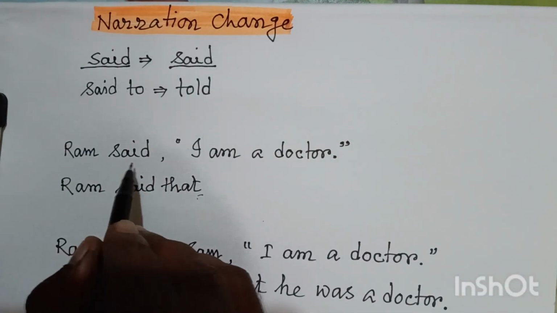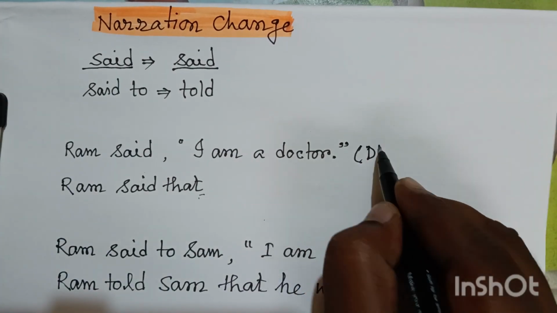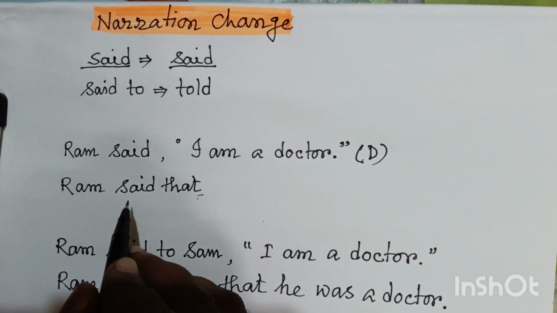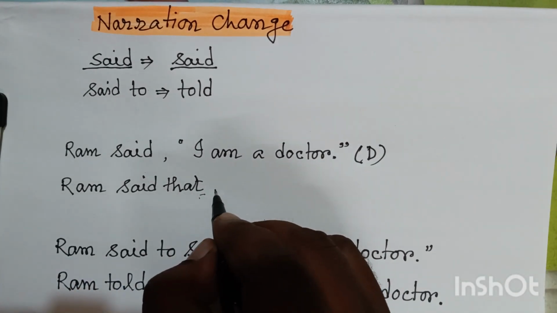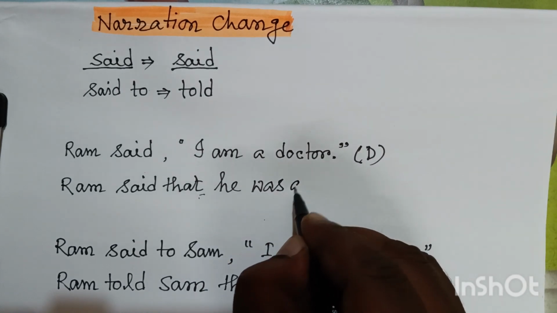Here you can see: Ram said, "I am a doctor." It is the direct speech. And in indirect speech, we write: Ram said that he was a doctor.